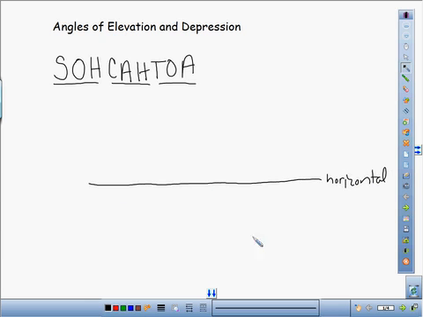Horizontal. So if it is an angle of elevation, that means that from the horizontal, we are looking up. And so this would be our angle of elevation. If, however, the wording says angle of depression, that means that we're looking down from the horizontal. Okay?